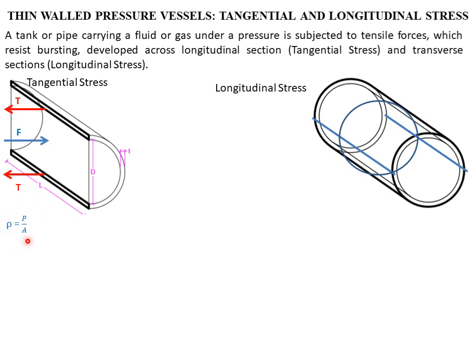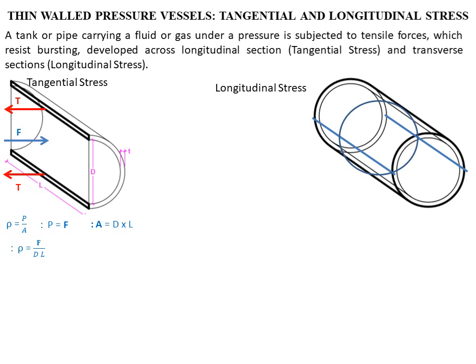From our fluid mechanics or hydraulics, the pressure is equal to P over A. Let's substitute the P into F. So P is equal to F, and the area is the length and the diameter.